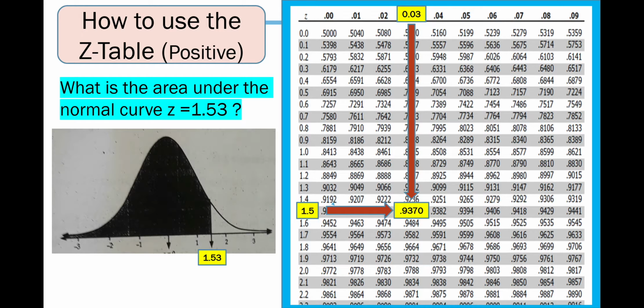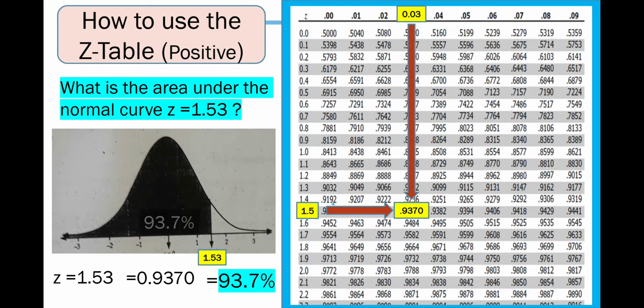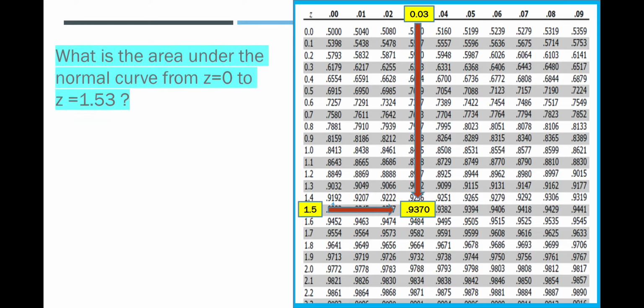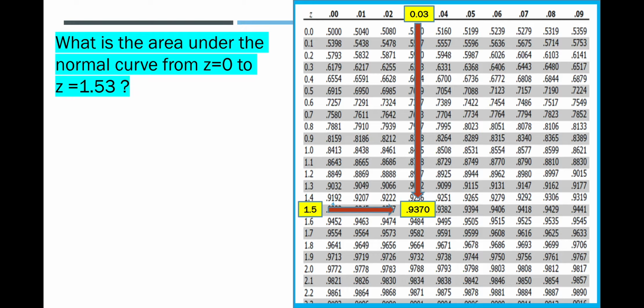So therefore, the value for z equal to 1.53 is 0.9370, or 93.7%. So therefore, the area of 1.53 is 93.7%.